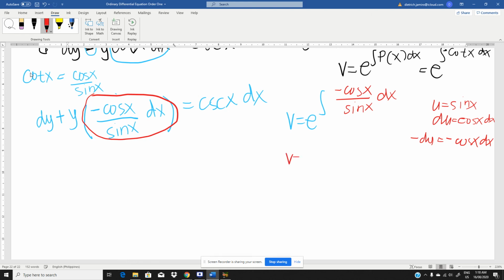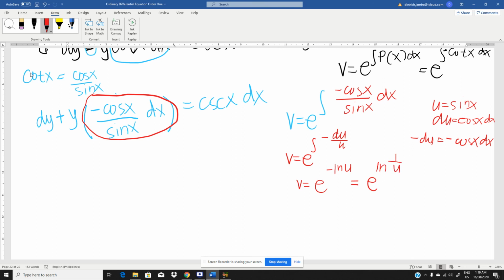Substituting, so we will have integrating factor is equal to exponential of integral of negative du over sine x, which is equivalent to u. So integrating, we will have negative ln of u. And then this is also equivalent to exponential of ln of 1 over u.